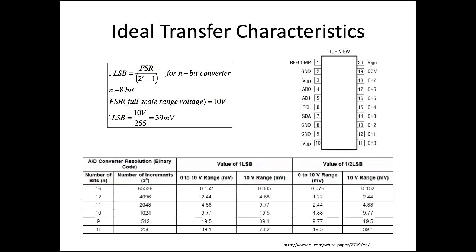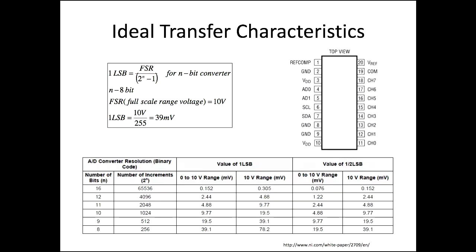You are getting 8-bit and your effective number of bits is 8. With 8-bit I don't think there is any issue, but when you are buying maybe a 16-bit ADC, then you might expect your resolution as 152 microvolt. 152 microvolt means when 152 microvolt is changing in the input, your 1 bit will be changing in the ADC.